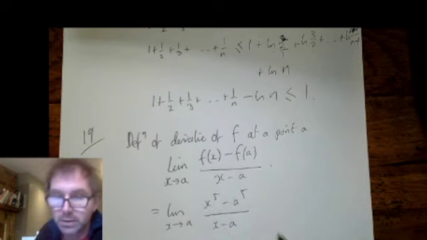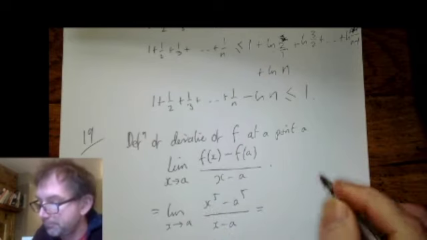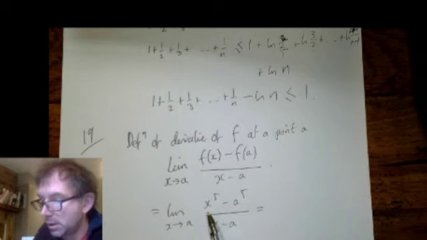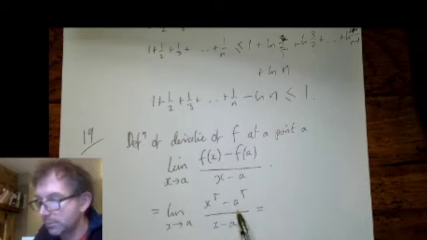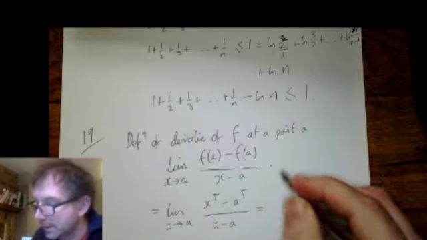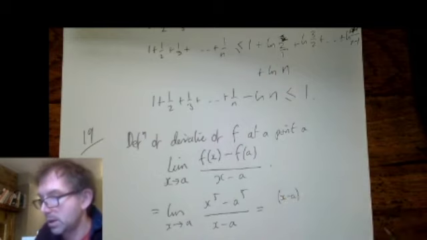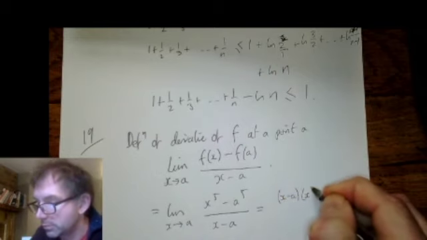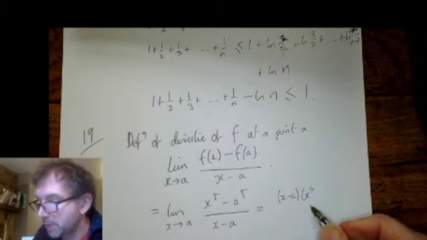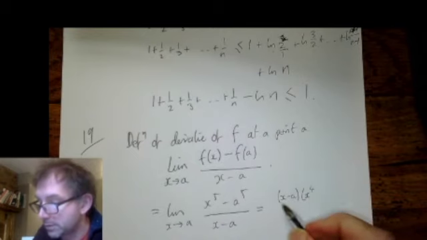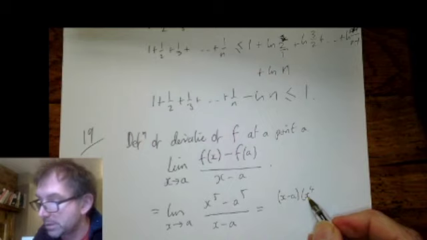But I can factorise the top here. This is basically the factor rule. If you plug in x is a, the top vanishes, and so that tells you that x minus a is a factor. And then I can work out how to factorise this by just going down it bit by bit. x to the 5 I get from those two terms.